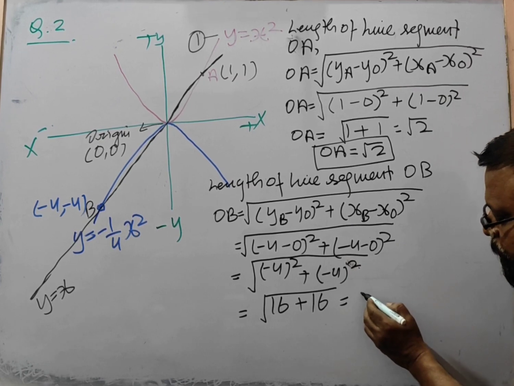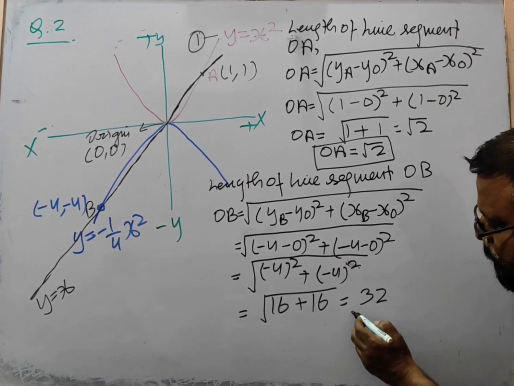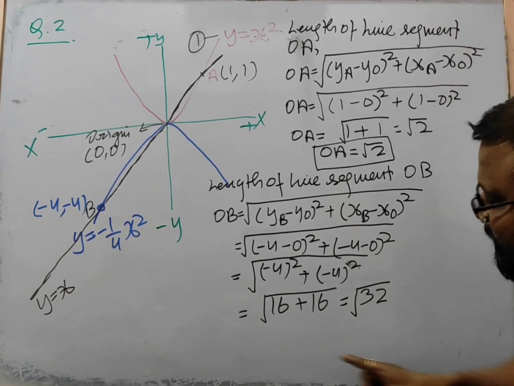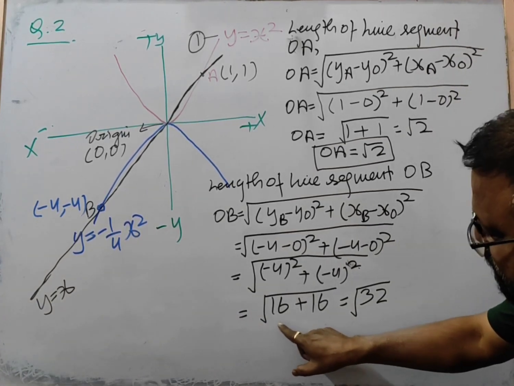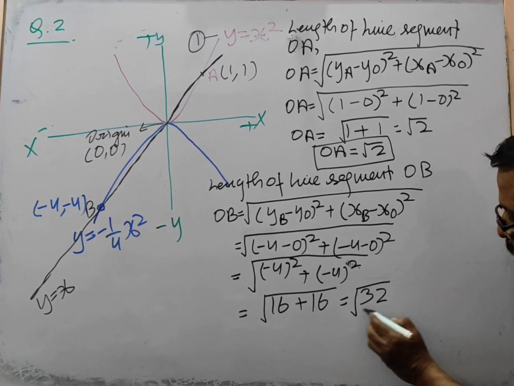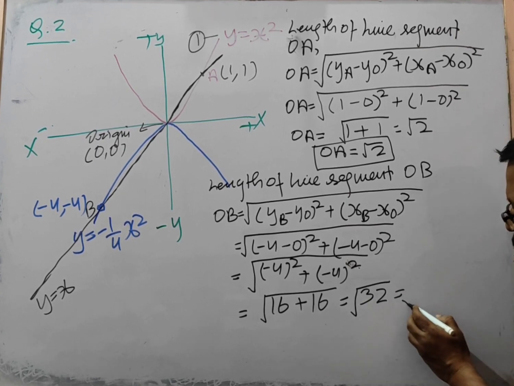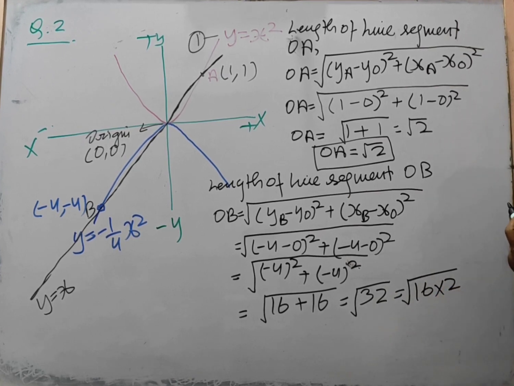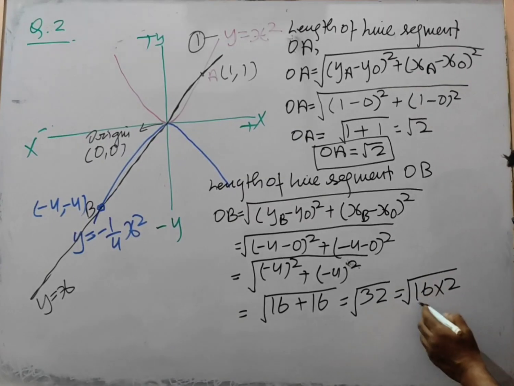Root 16 plus 16 becomes root 32. And when we take the factor of this, it becomes root of 16 into 2. 16 is a perfect square of 4.